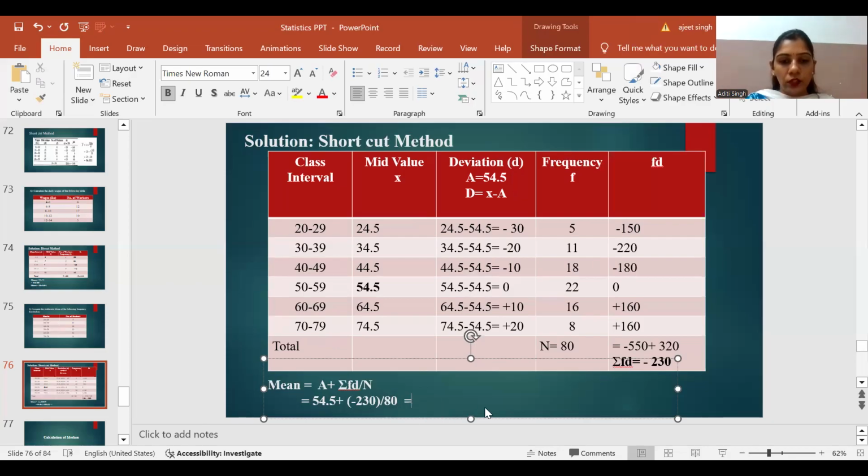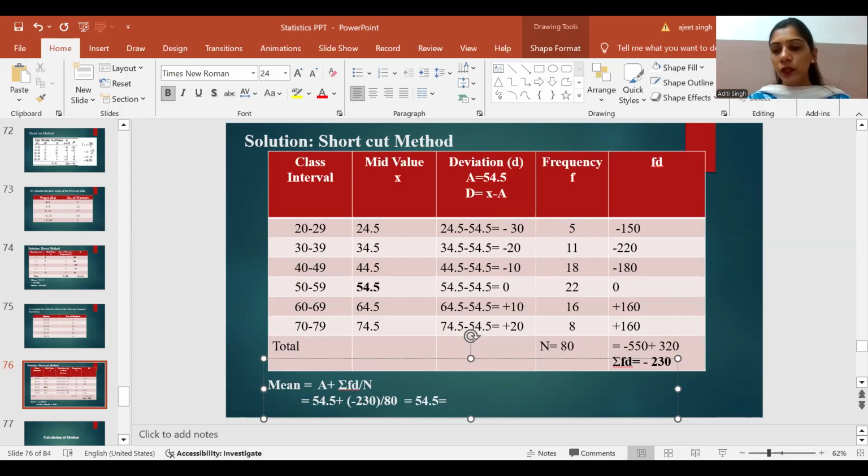So when we do the calculation of these given values for calculating the arithmetic mean, let me calculate it for you. First 54.5 and plus.